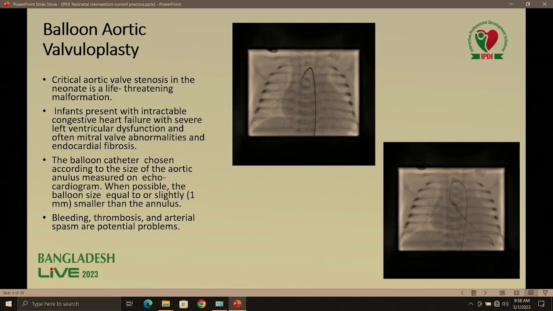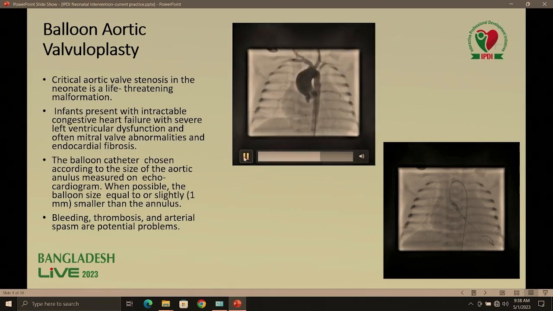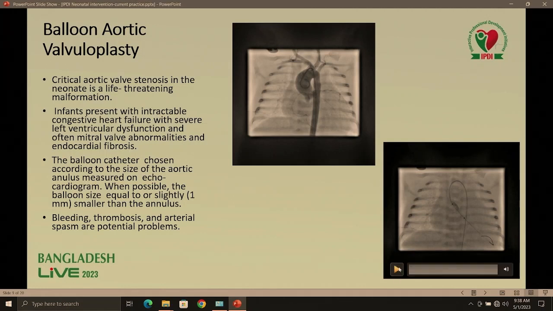Balloon aortic valvuloplasty in critical aortic valve stenosis in neonates is very time demanding and a difficult procedure, usually done in intractable congestive heart failure with severe left ventricular dysfunction, often with mitral abnormalities and endocardial fibrosis.